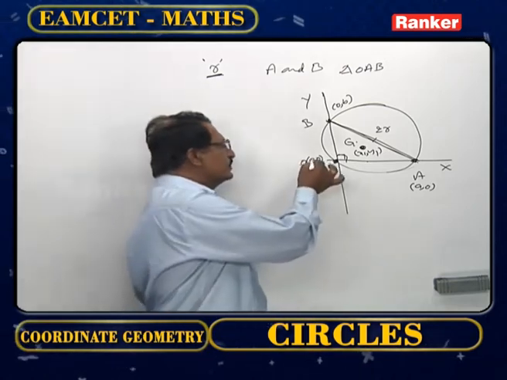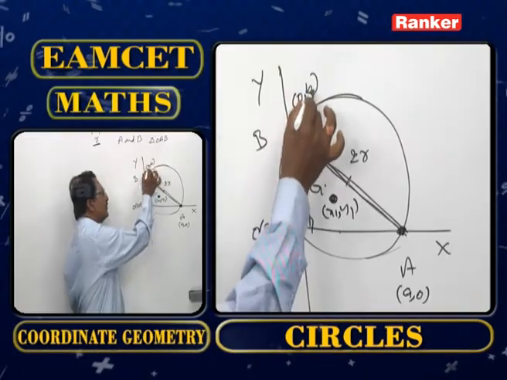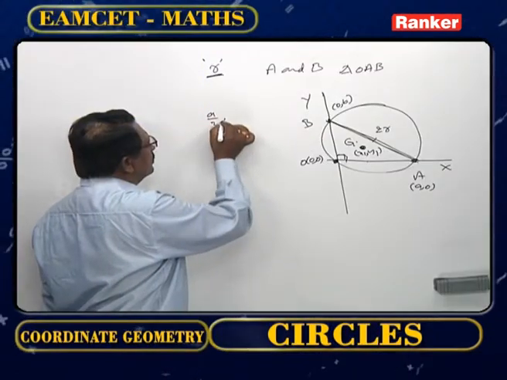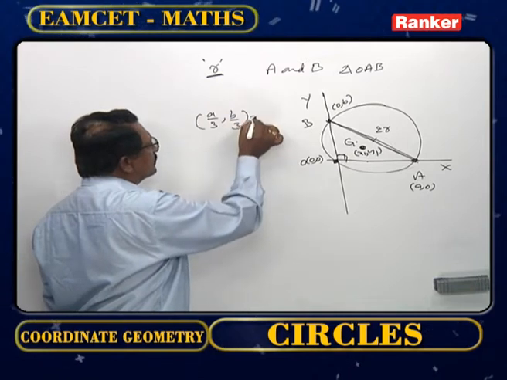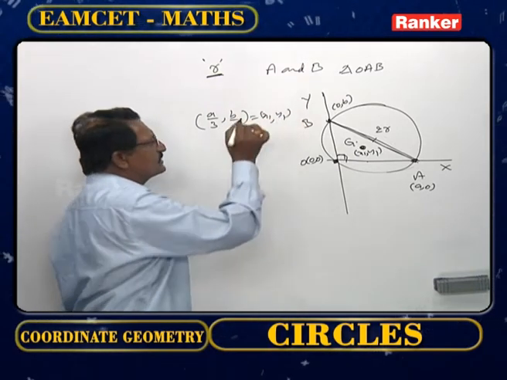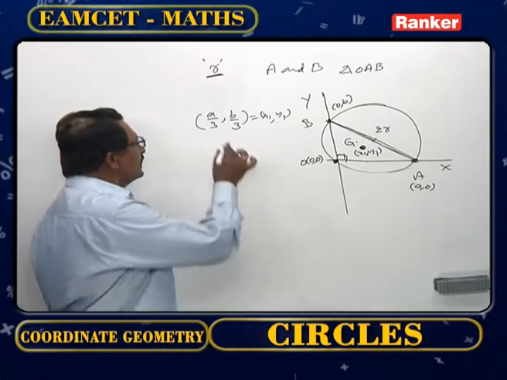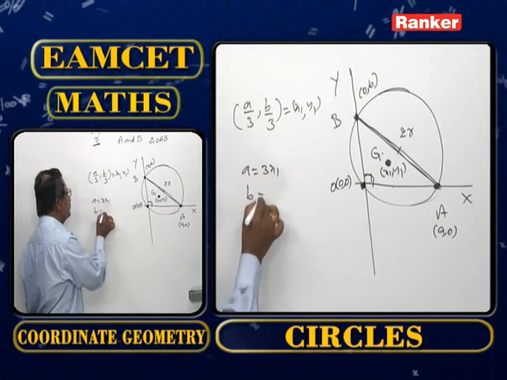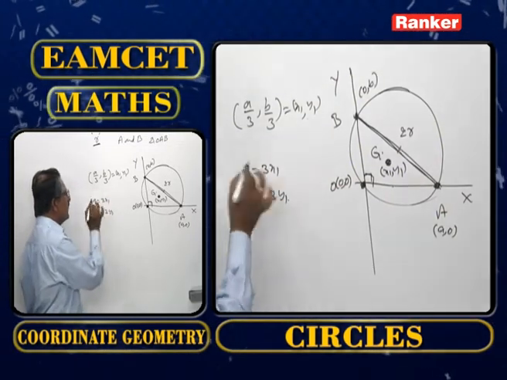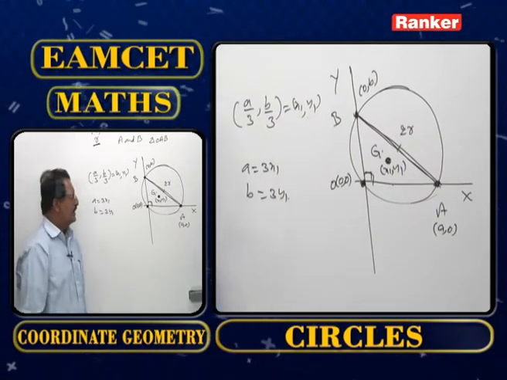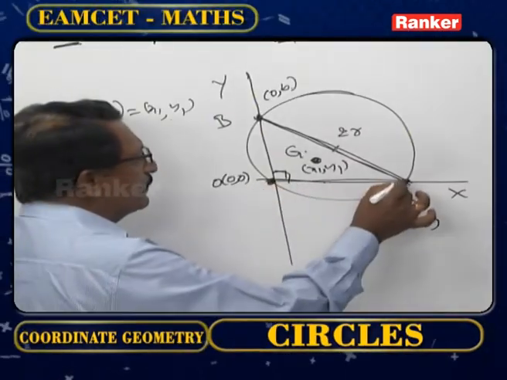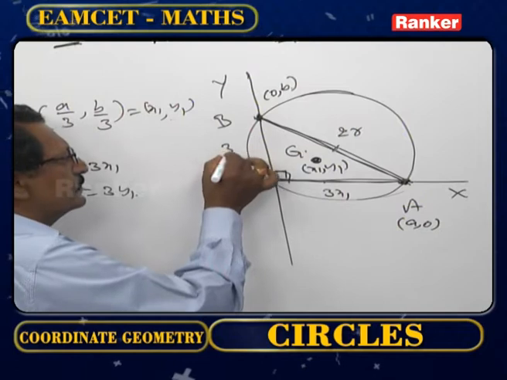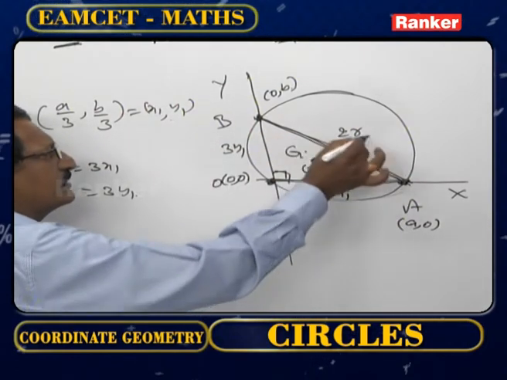Then the centroid of triangle OAB is (a by 3, b by 3), which equals (x1, y1). So a equals 3x1 and b equals 3y1. Here a is nothing but OA. OA equals 3x1, OB equals 3y1, AB equals 2r.